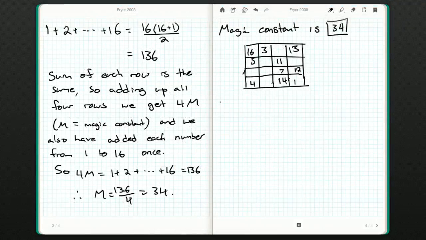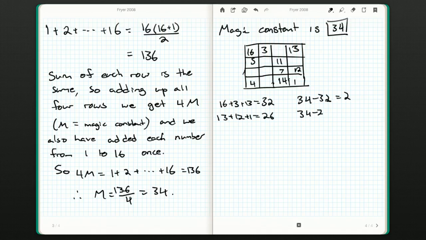How about the top row? So that's going to be 16 plus 16 is 32. 34 minus 32 is 2, so we should get a value of 2 here. 13 plus 12 plus 1, that's 26. 34 minus 26, we should get a value of 8 over here on the side.